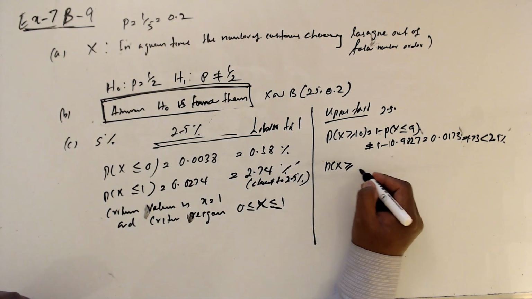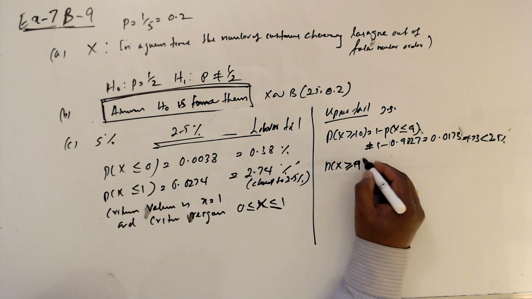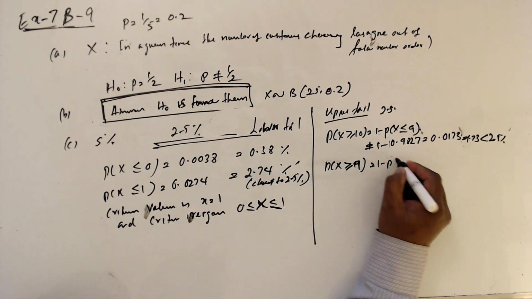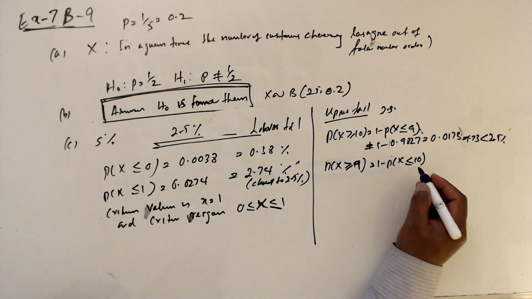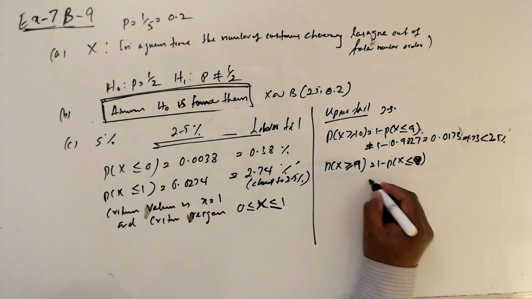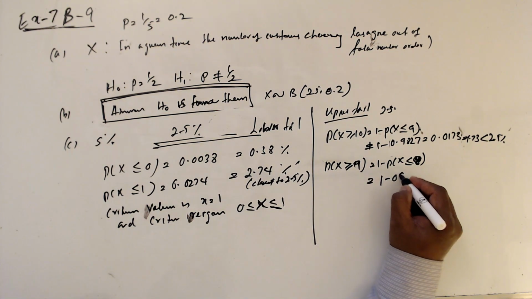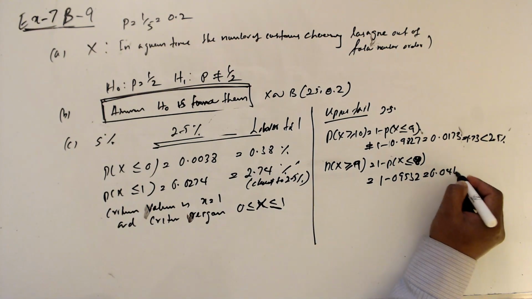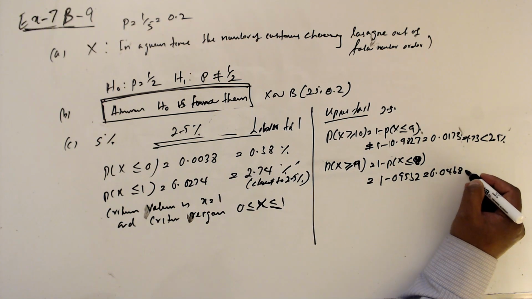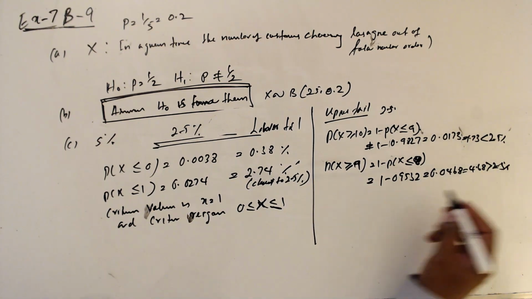And the probability of X greater than or equal to 9 is 1 minus the probability of X less than or equal to 8, and this is going to be 1 minus 0.9532, which is 0.0468, which is 4.68%, greater than 2.5%.